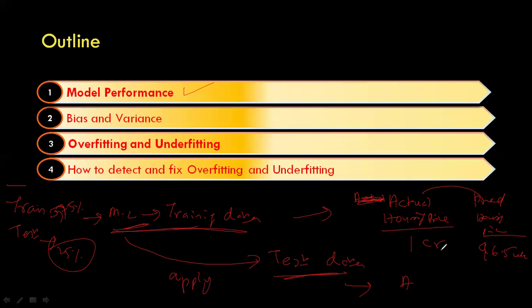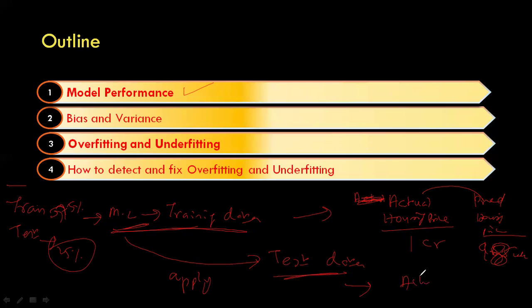For example, actual housing price 1 crore, and here, for the sake of simplicity, I make it 98 lakhs. So a 2 lakhs difference is there. Similarly, I take the same trained machine learning model and apply it on the test data set, and again check the error.